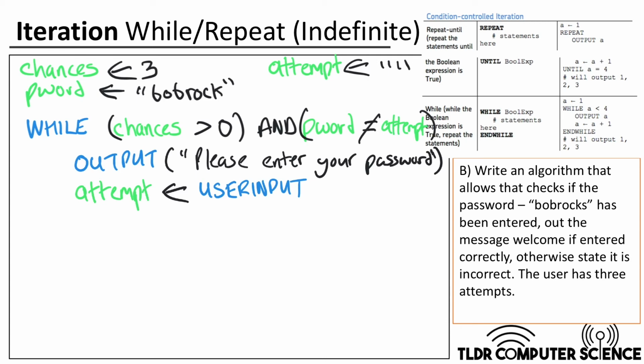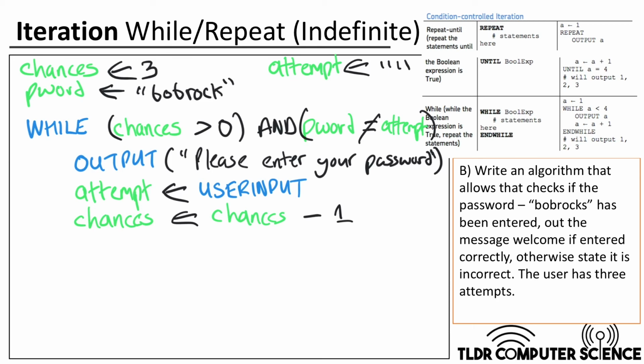Because the person's used one of their chances now, we should say chances is chances, but we want to take away 1. So chances was 3. It allowed us to go through the while loop.